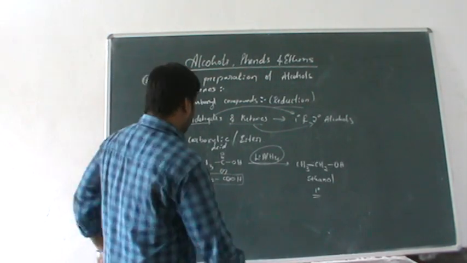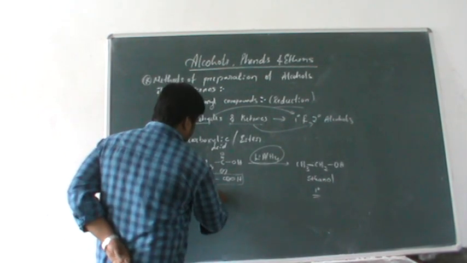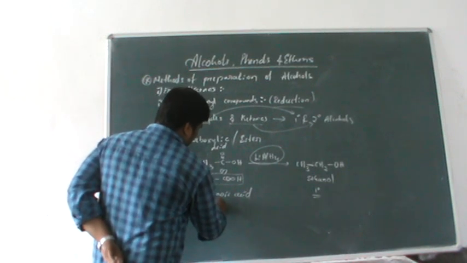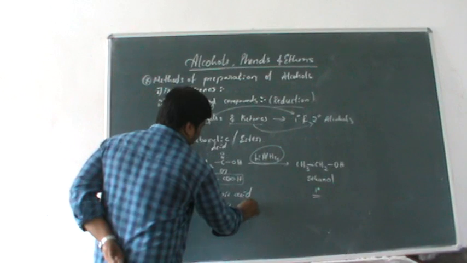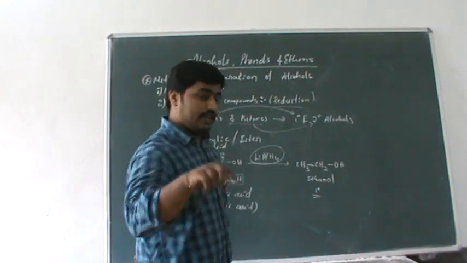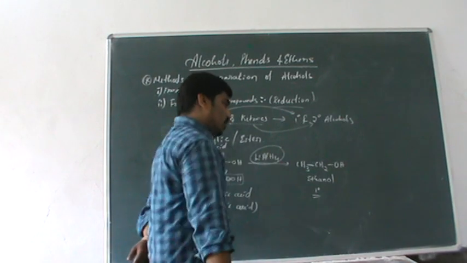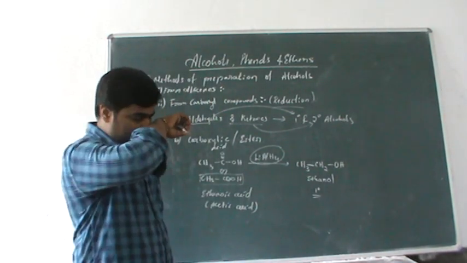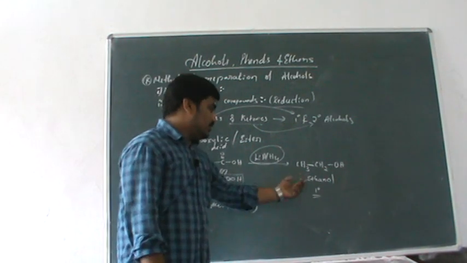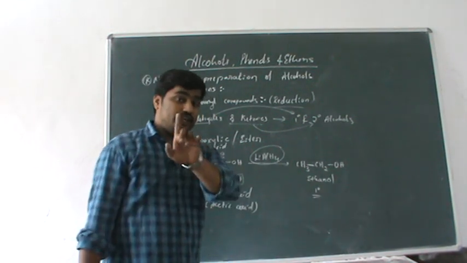What is the name of the compound? It is ethanoic acid, or acetic acid. Acetic acid or ethanoic acid gives ethanol, or ethyl alcohol. Very important: conversion of ethanoic acid into ethanol using a strong reducing agent.